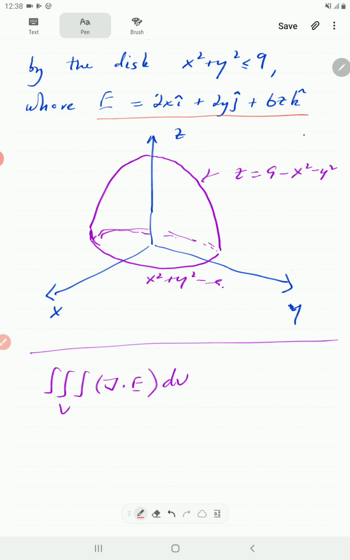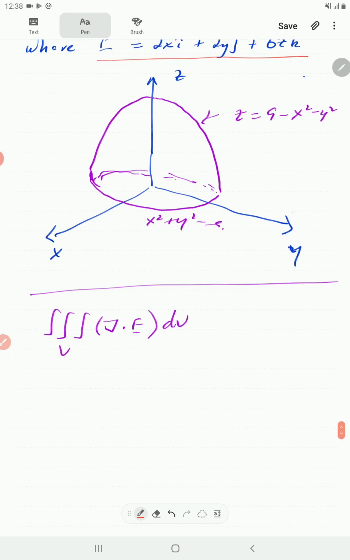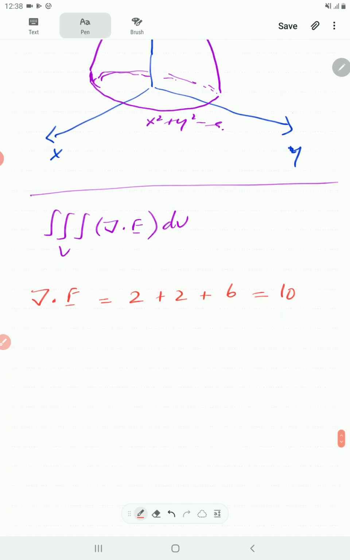There is our f there. So the divergence is simply going to be 2 plus 2 plus 6. This is going to be 10, which means this is going to be the volume integral of 10 dV.